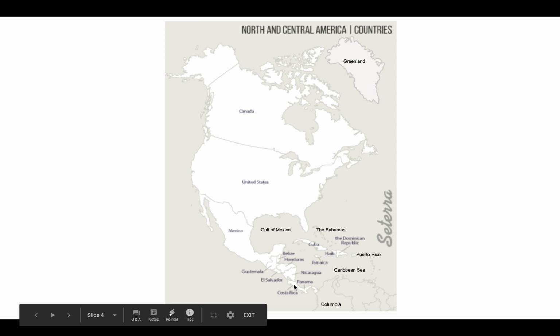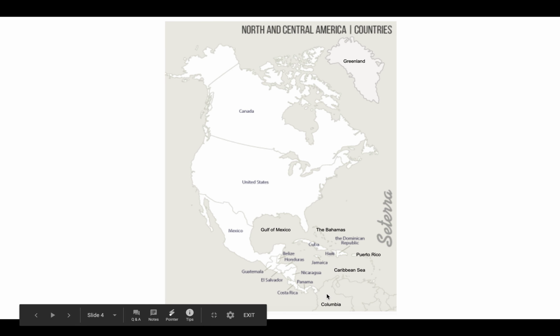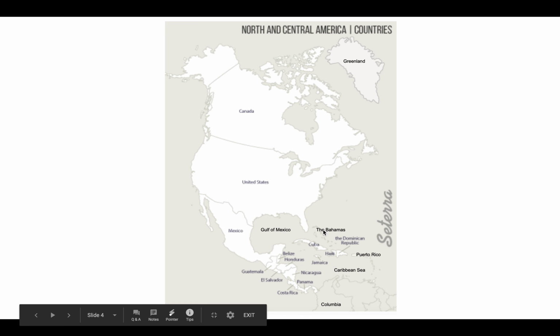So Panama is right here. And then I want you to know Colombia, even though it's in South America, and it will show up on your South America map, I want you to know that Colombia is the connecting point for Central America, because that's going to help you when we get to the South America map. Right here, the Bahamas.